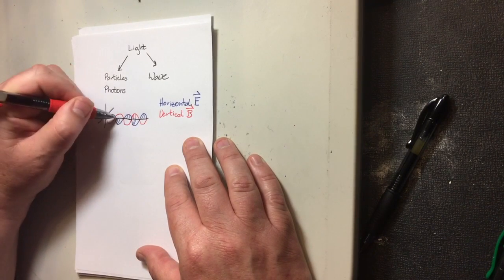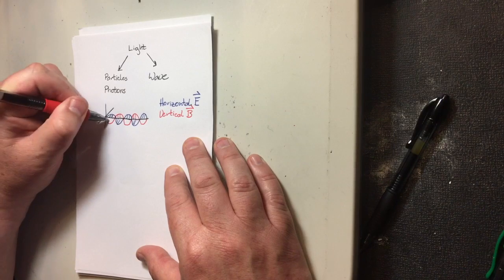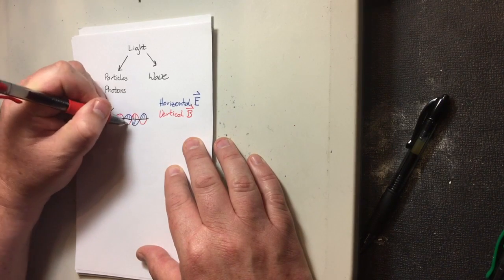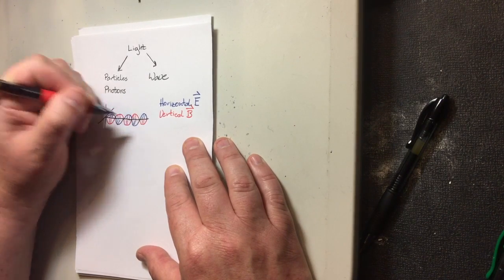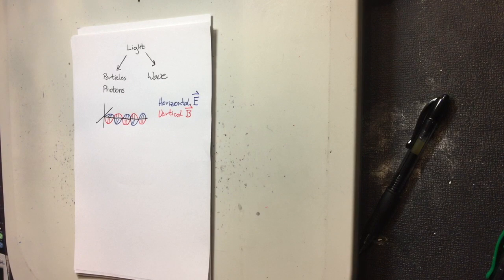Now there are much better pictures out there. To do this on the fly is a little bit difficult. It's a badly drawn picture because it looks like a DNA strand. But in the horizontal, you have the electric field oscillating back and forth, and in the vertical, you have the magnetic field oscillating back and forth. And this is the idea of an electromagnetic wave.